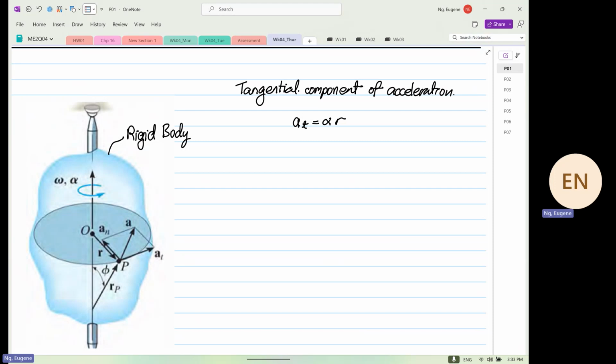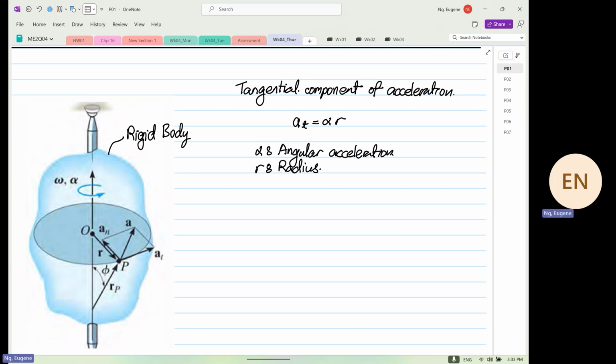Okay, alpha being angular acceleration, and R over here, as you can see, is the radius. Okay.